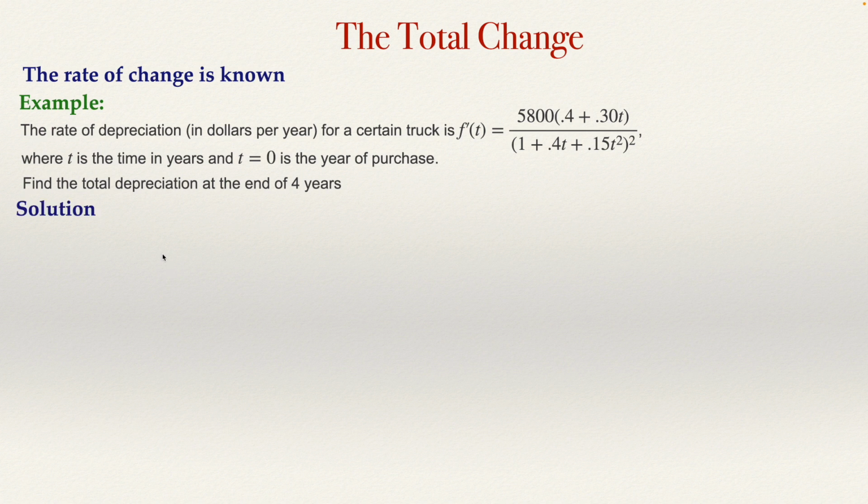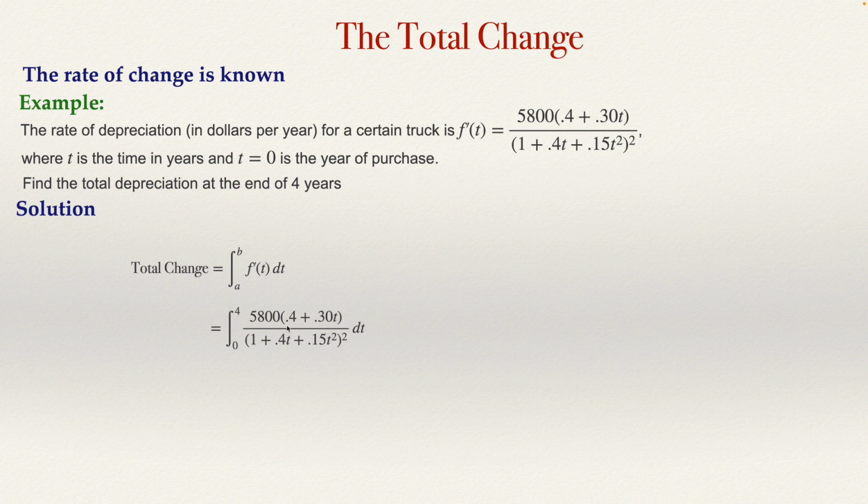If I want to solve this problem, I know the rate of depreciation, so the total depreciation will be the integral, this is the formula, from a to b of the derivative dt. In this case, the total change will be the integral from 0 to 4 of the function dt.